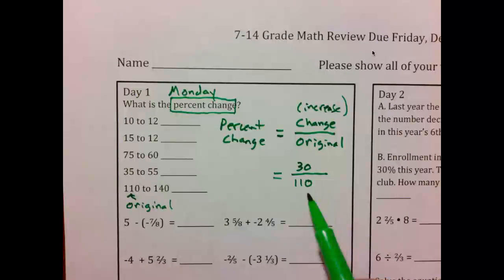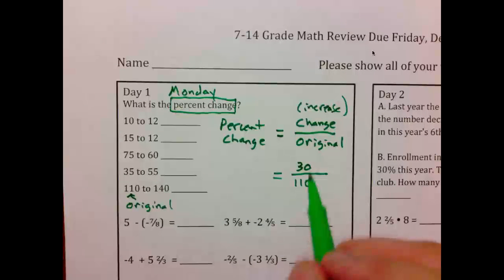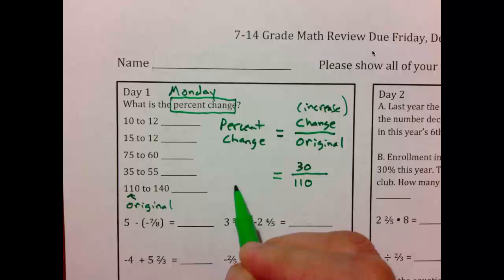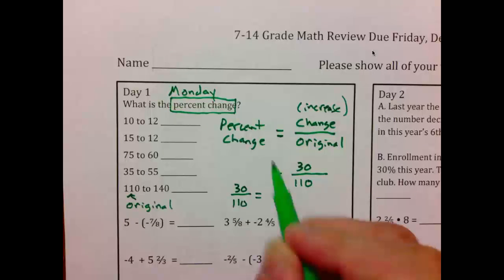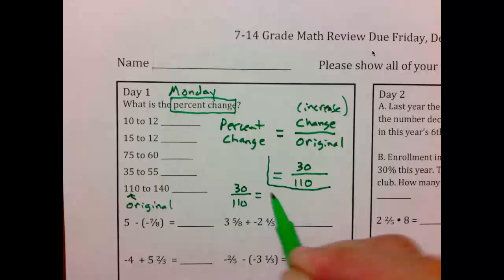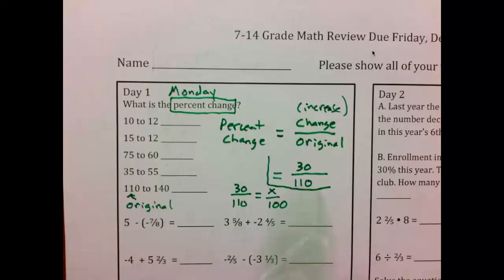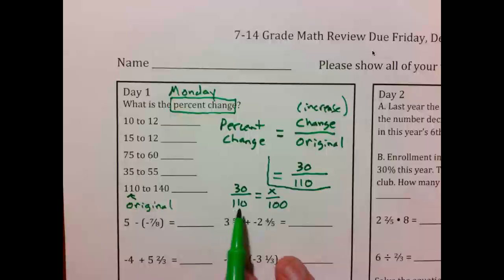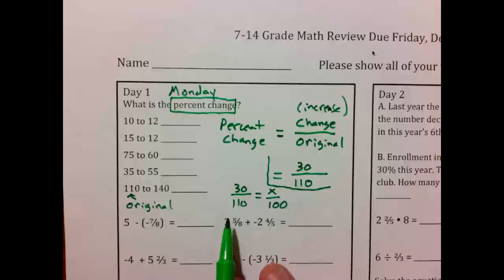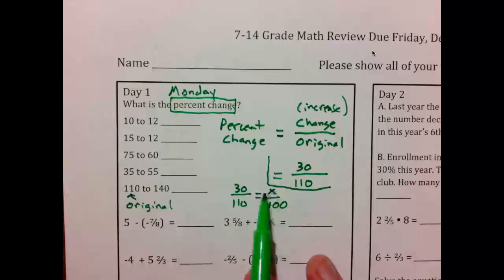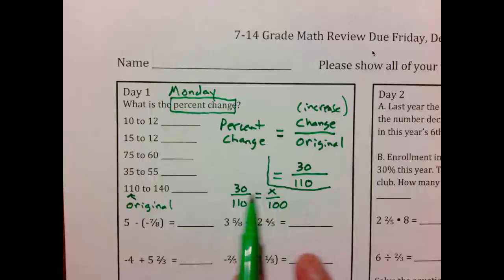Well, remember that percent means per 100. So I will set 30 over 110 equal to x over 100. I want to know what fraction, with 100 being the denominator, what numerator will be equivalent to 30 over 110.